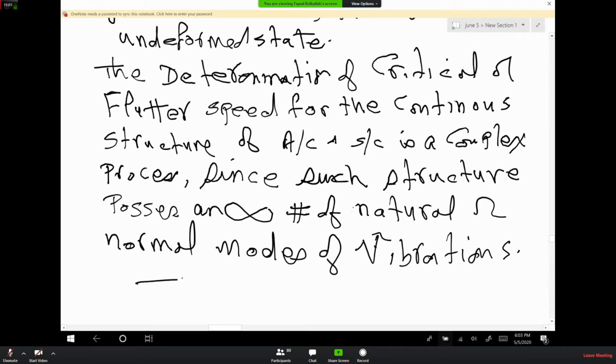So it's not easy. But that's the subject we're going to challenge starting on Thursday, how to calculate those natural frequencies for a given structure.